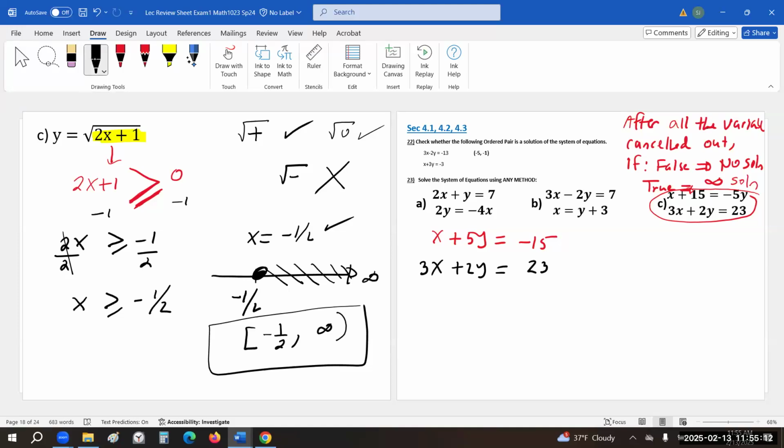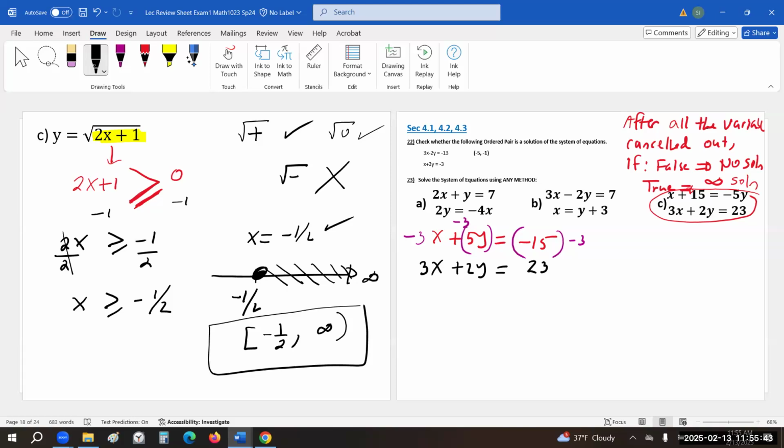Now, in order to use elimination, we want the same variable with the same coefficient but opposite sign. That means we want to have negative 3 here so that you can cancel them. But in order to have negative 3 here, we have to multiply this also by negative 3 and this also by negative 3.